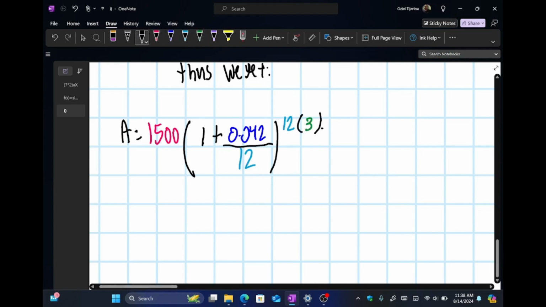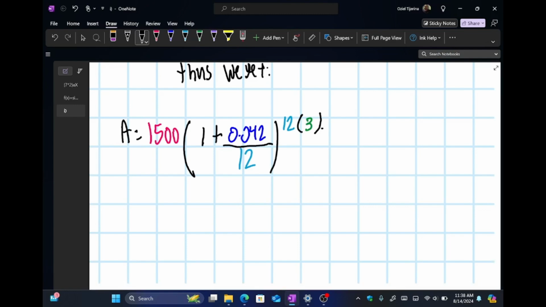If you plug this into the calculator, since we're not solving an equation, all you have to do is plug this entire thing into the calculator.